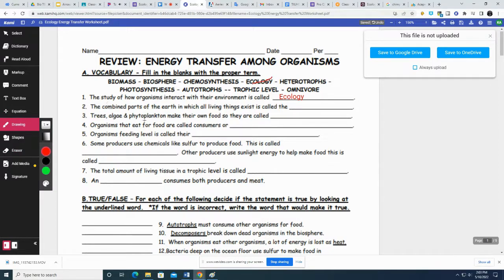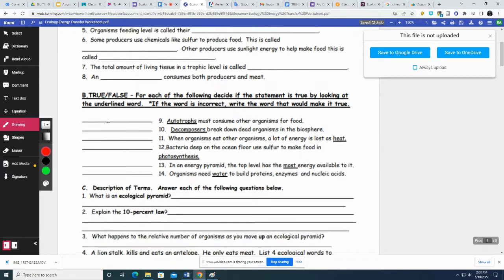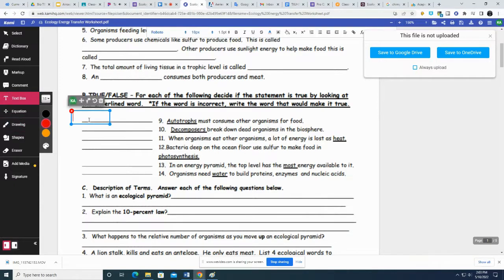And then do the rest of them, use the word bank to fill in the rest of them. This one's true or false. If it's false, you got to make the underlined word true. So the first statement, number 9, it's false. It says autotrophs must consume other organisms for food. That's false. So I'm going to put an F for false.